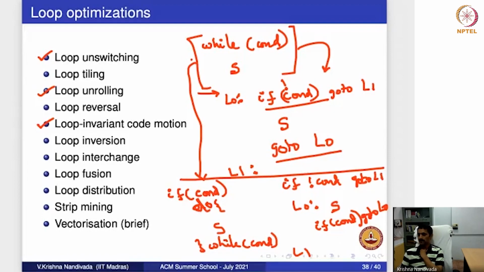This is the loop, right? Only one. I had two here. So I reduced the number of jumps to only one. There is only one conditional jump here.